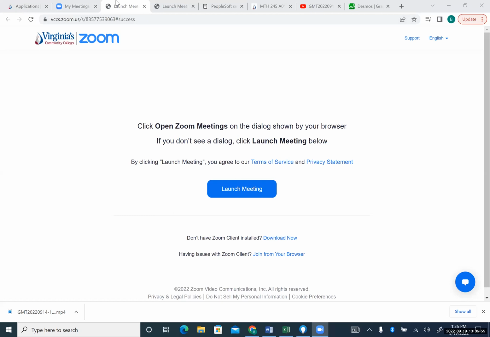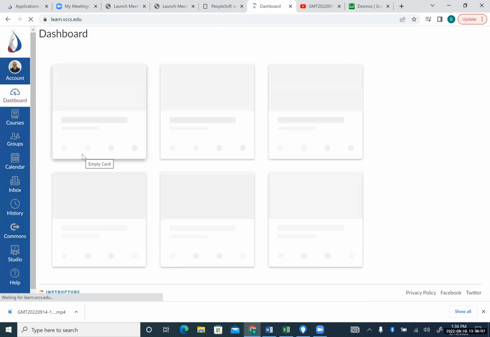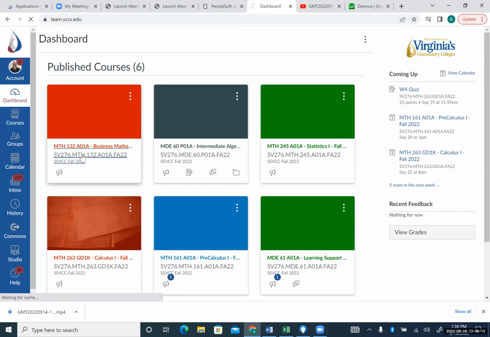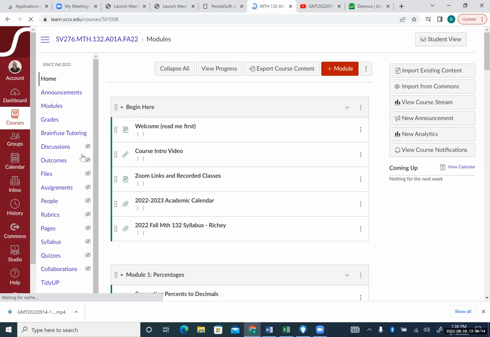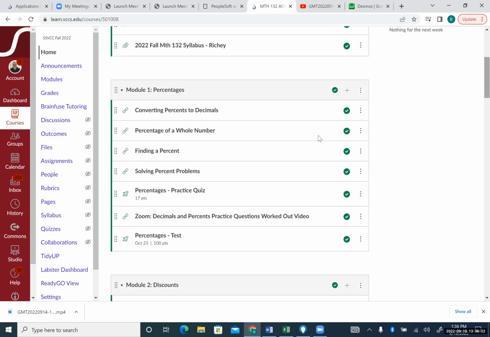You can see that. There it is right there.